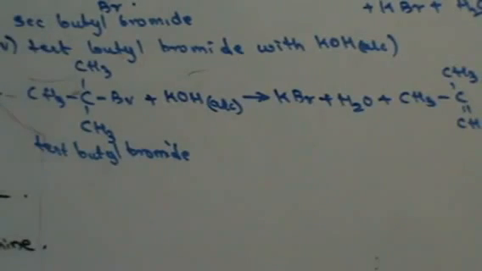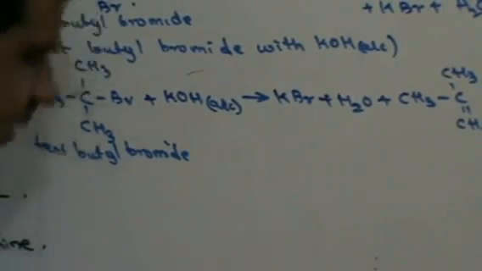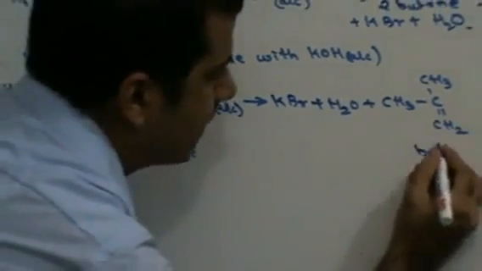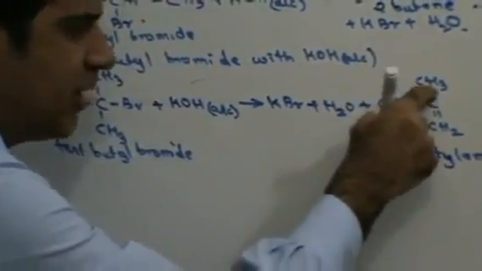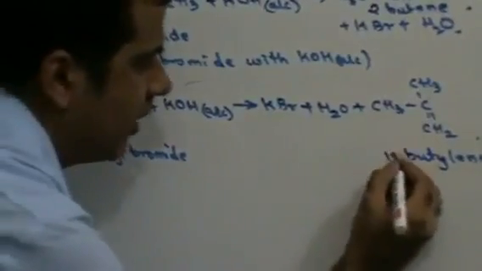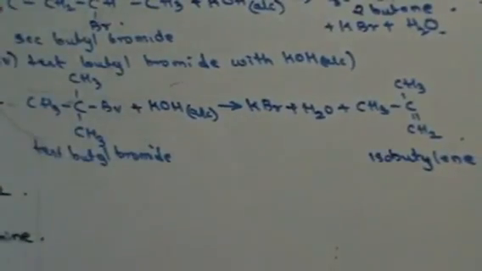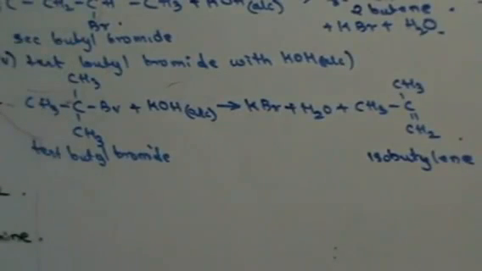Now, this has 4 carbon atoms, therefore but, double bond, therefore ylene. If this is my primary chain, I have a methyl group in the branch, therefore iso. So this is going to be isobutene. Fine, do we get this thing clear?